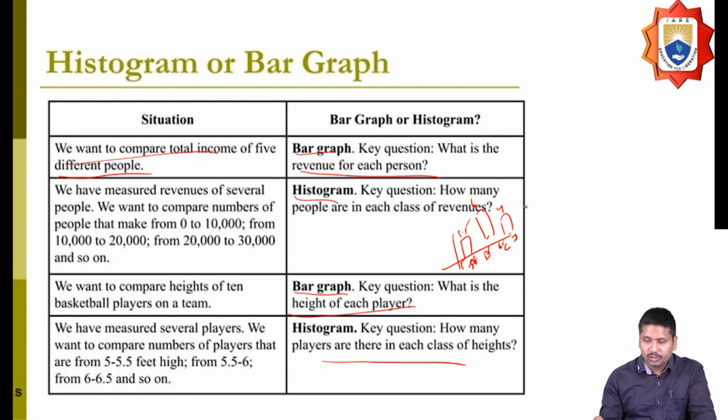At that time I have to go for the histogram. Like 0 to 5, 10, 15, 20 and 25. So based on the situation, I can go for either the histogram or the bar graph.